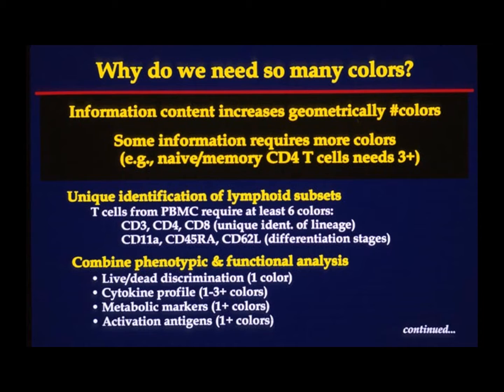And then we want to identify within these subsets, unique subsets, so which lineage they come from, CD4 versus CD8, what stages of differentiation they're at. And then we want to combine phenotypic and functional analyses, and that's all spelled out on the slide. And there should be a second part of it, but I didn't find the slide for this presentation.